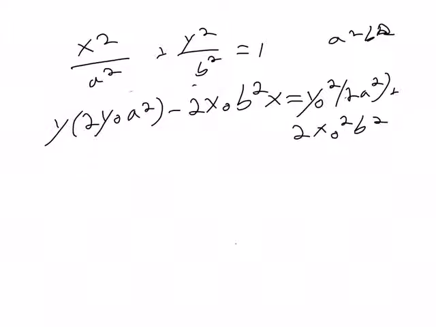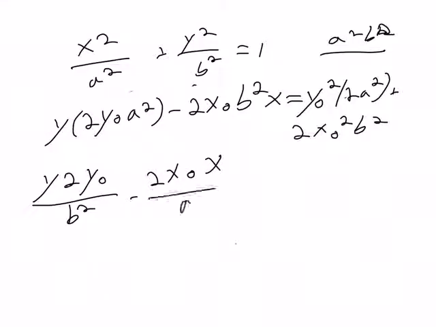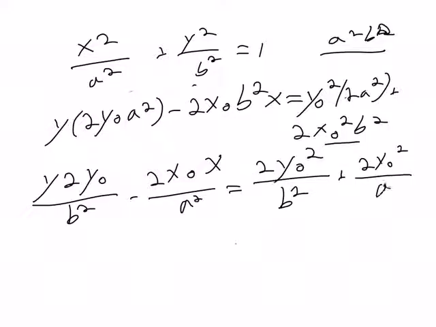So when we divide everything by a squared b squared, we're going to get y 2y0, the a squareds are going to cancel, and then we get b squared minus, and over here we're going to add 2x0, the b squares are going to cancel, so we get a squared is equal, over here we get y0 squared, the a squares cancel, we get a 2 over b squared plus, over here the b squared cancels, so we get 2x0 squared over a squared.